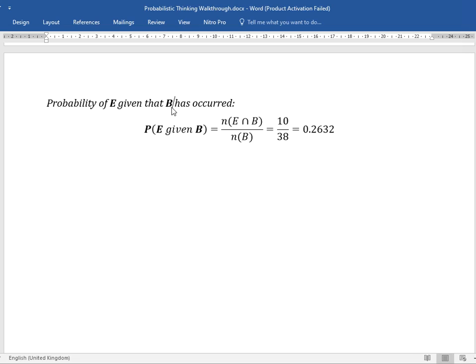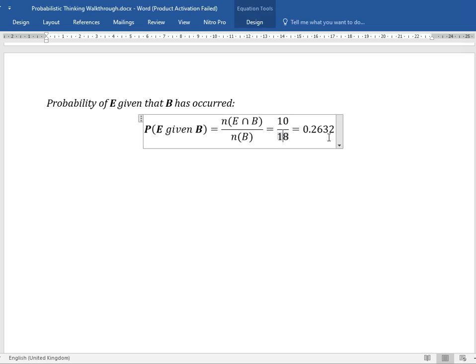So the sample space now reduces to a certain subset of the initial sample space. So the number of elements in E and B is 10. The number of elements in B is 18. So you see that this is going to change.